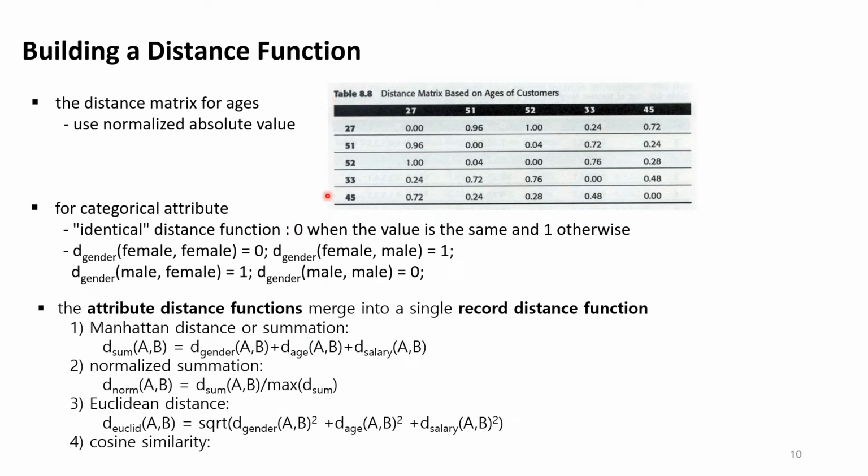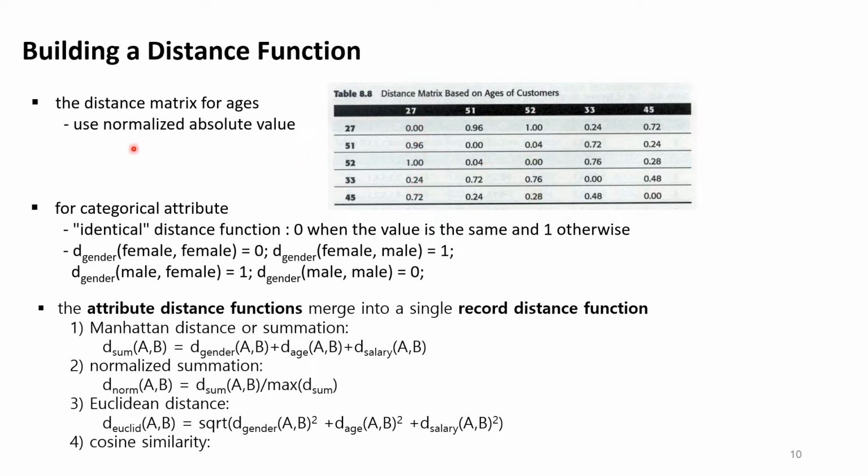This table shows an example of computing attribute distance for a numeric attribute. For example, age is a numeric attribute, and in the previous slide, age has 5 different values. For each pair of values, we compute the distance here.